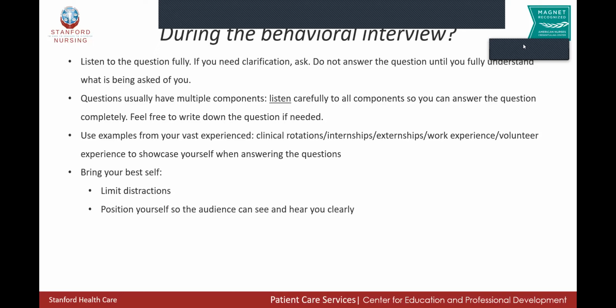You want to position yourself so the audience can see and hear you clearly. So practice. If it's the day before your interview, go into the room where you're going to set yourself up and put your computer or laptop, and make sure the lighting's okay. The time's been changing, so turn the lights on, make sure you can see your face, that it's not covered in a shadow, because it's really important to be able to connect with your audience.